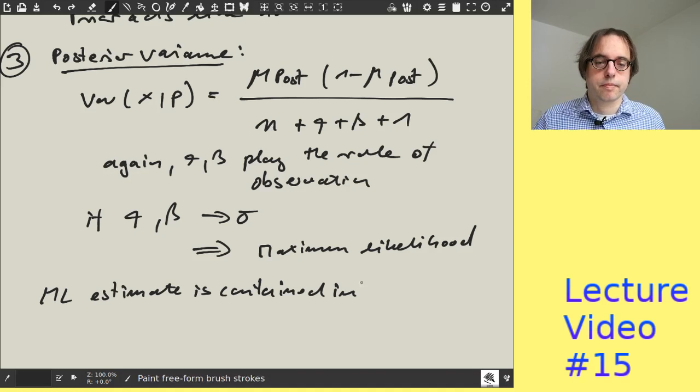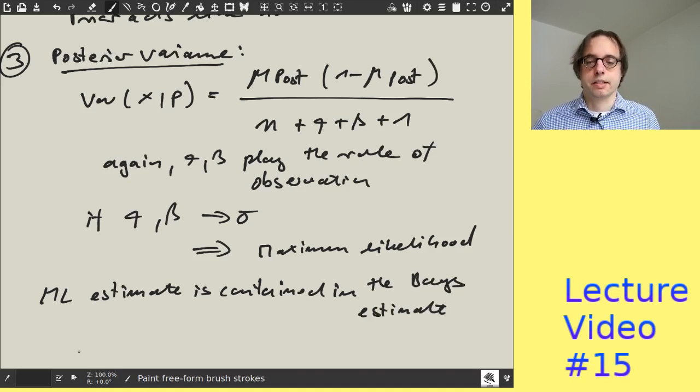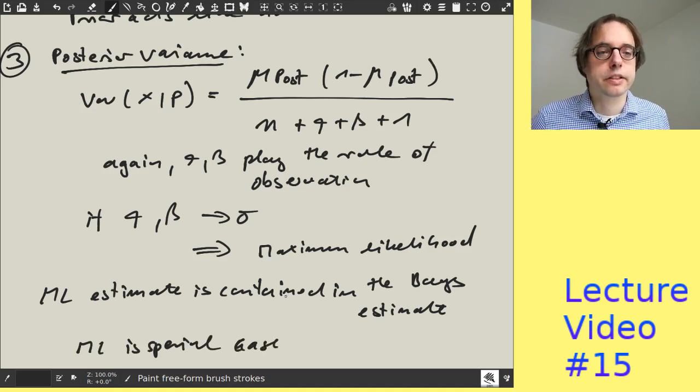In other words, ML is a special case of Bayes, in this example, but you will see this is actually generally true of Bayes.